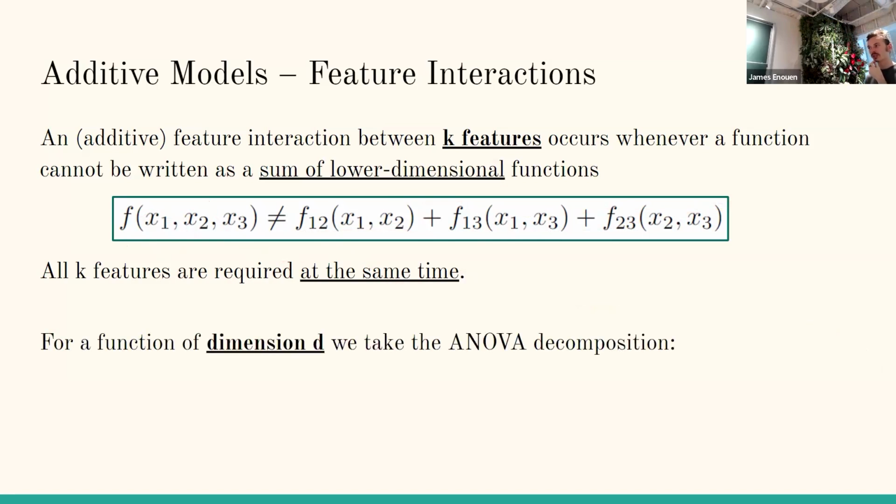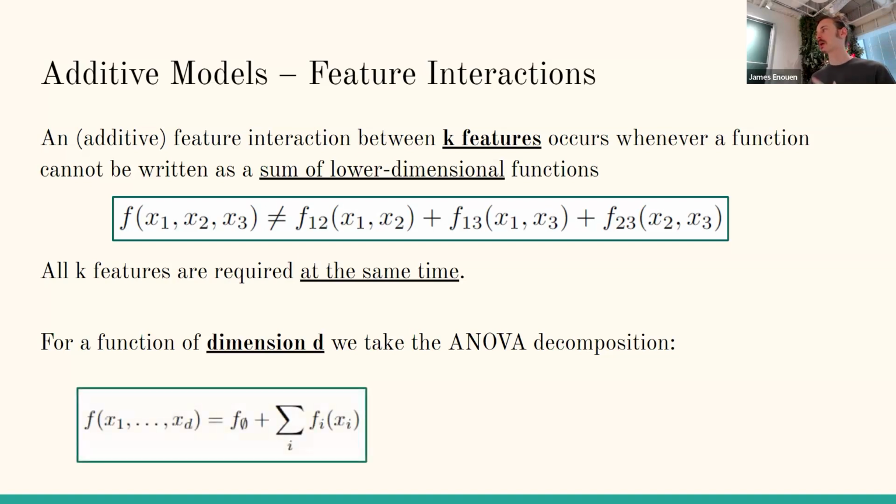Okay, so then for a function of d dimensions, let's define this decomposition called the ANOVA decomposition, which pushes as much as it can into the lower dimensional terms. Which is to say, we have this function f that we're trying to fit, and we take the one-dimensional functions and we get them as close as we can to the d-dimensional function, right?